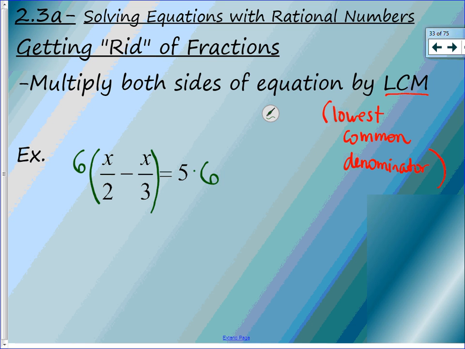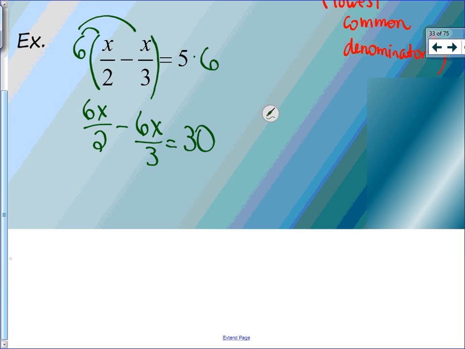This is what that accomplishes. When I distribute the 6 into the left side, I get 6x over 2 minus 6x over 3 equals 30. And then the whole goal, again, is getting rid of the fraction.